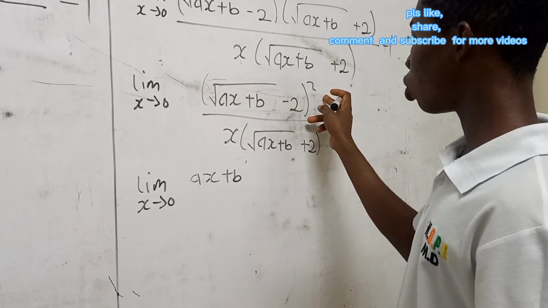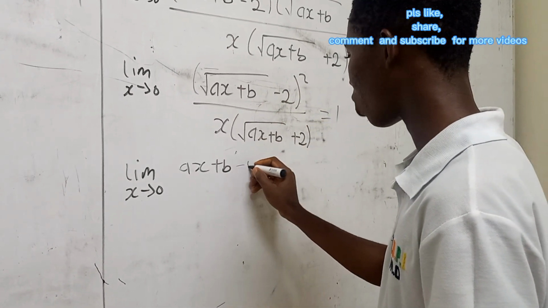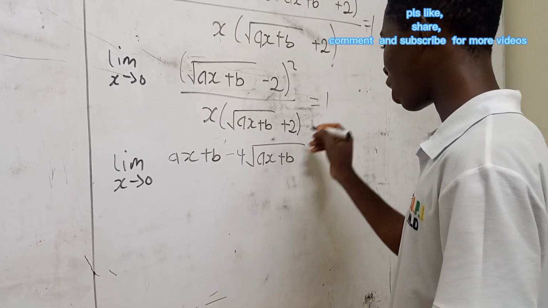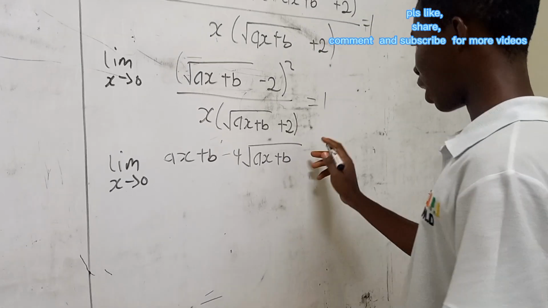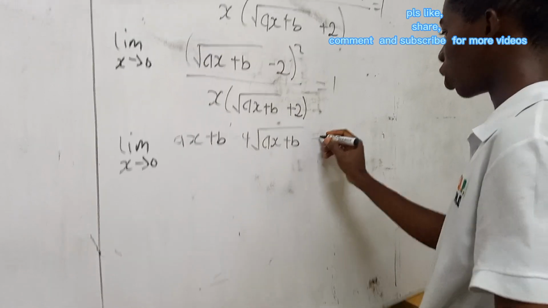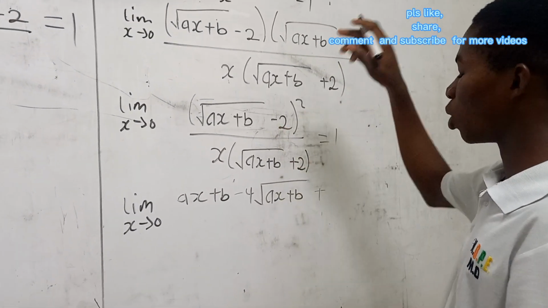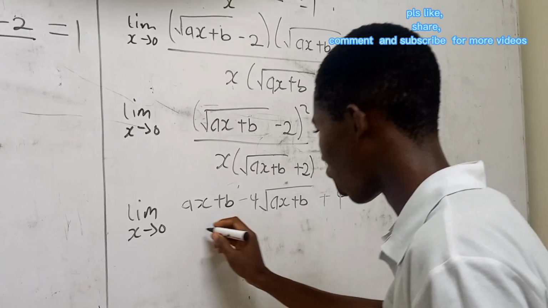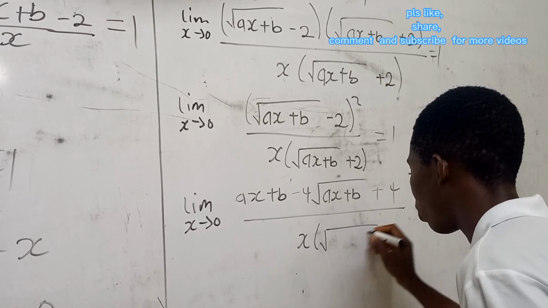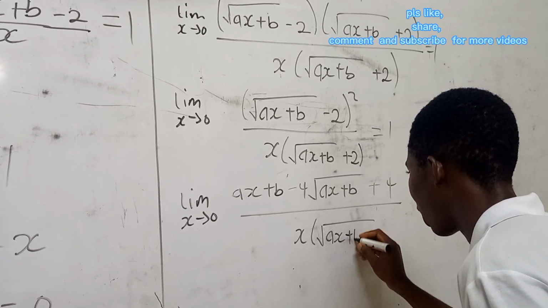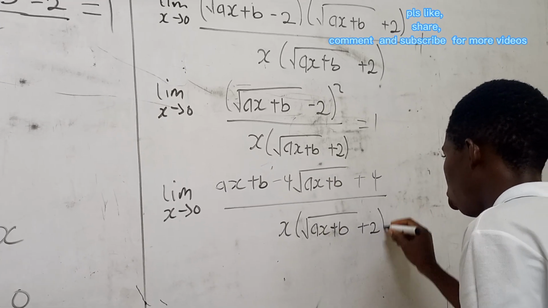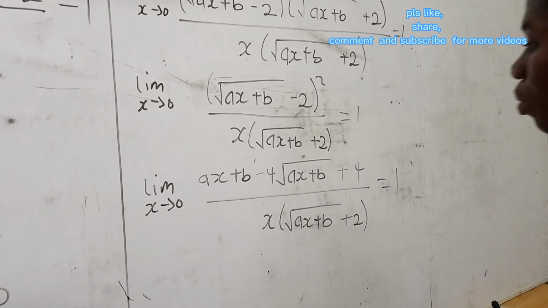Then we will use the 2 to multiply the whole term, so you get minus 4 multiplying root of ax plus b, then we will square the last term, which is minus 2. So it will give us plus 4, because minus 2 squared gives us 4. Then you will have x multiplying root of ax plus b plus 2, all is equal to 1.